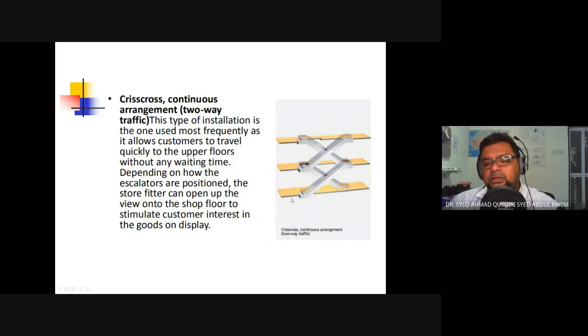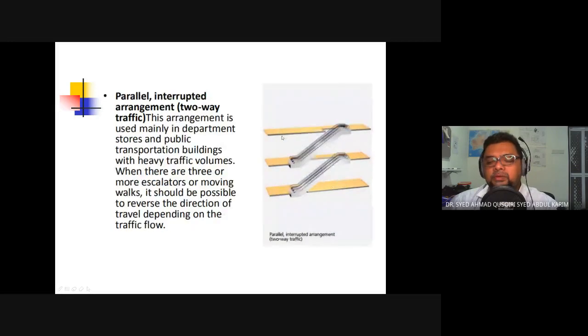Whereas with the previous one, if the customer walks from here, the first level, they have to walk this distance and then go up another set of escalators.